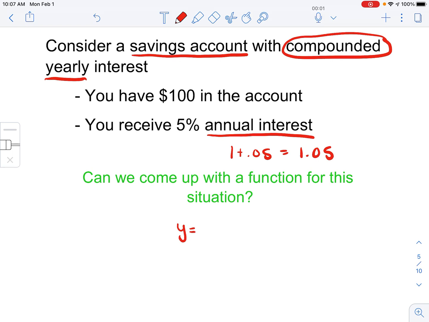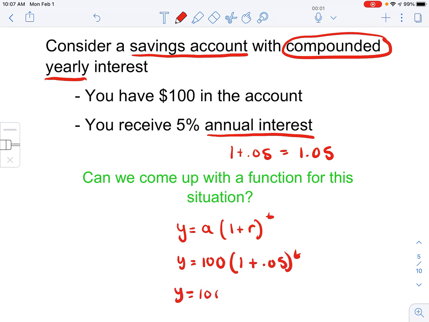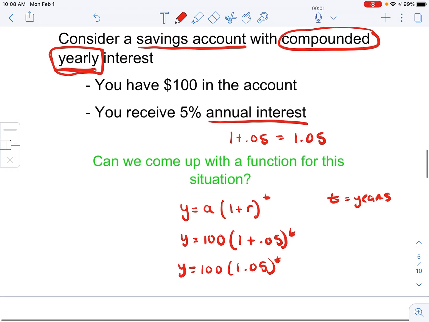So looking at the equation that we just wrote down, y equals a times 1 plus r to the t, we have a as our initial amount, which is 100, and 1 plus 0.05 to the t gives me 100 times 1.05 to the t, where t is going to be yearly. Now, what tells us yearly? Well, it tells me that it is compounded yearly, and that the annual interest rate is yearly. So these are all words that mean years.